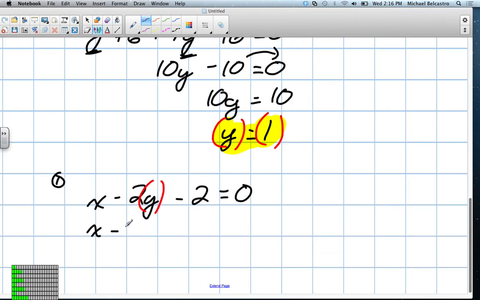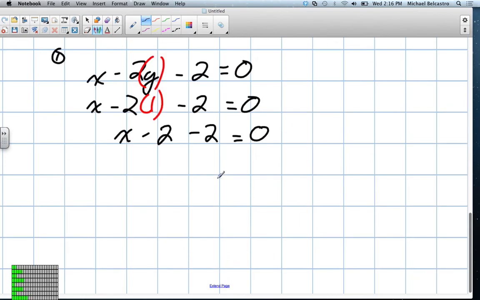X minus 2 times 1 minus 2 equals 0. 2 times 1 is 2, so we're going to get x minus 2 minus 2 equals 0. What's negative 2 minus 2? Negative 4. And I move it over, x is equal to positive 4.